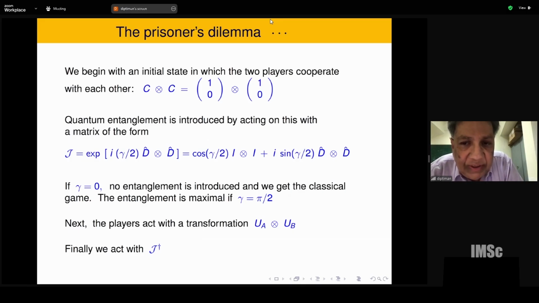And it has the same property that if player A measures their spin, they would immediately know what the spin of the other player is. But before making any measurements, they can only say with probability half what their own spin is. So it's exactly the same kind of entangled state, just a different entangled wave function.